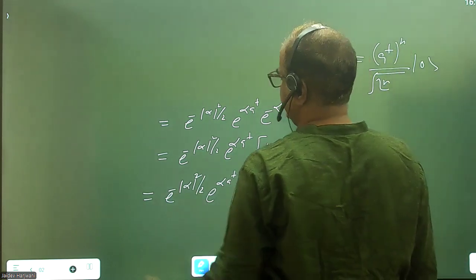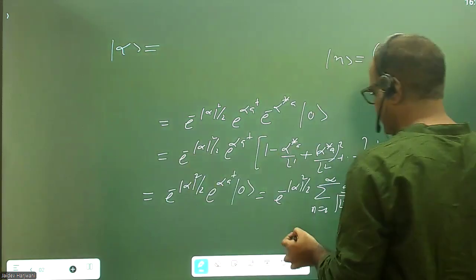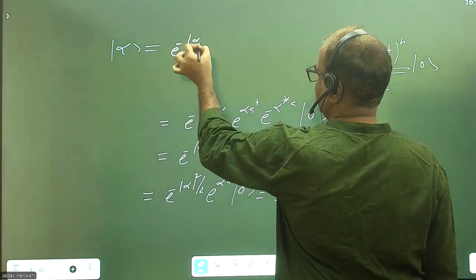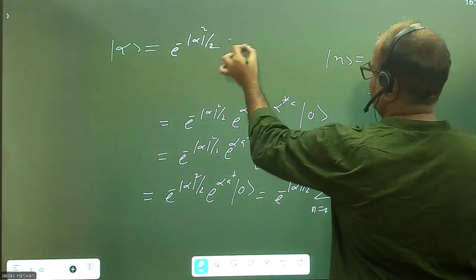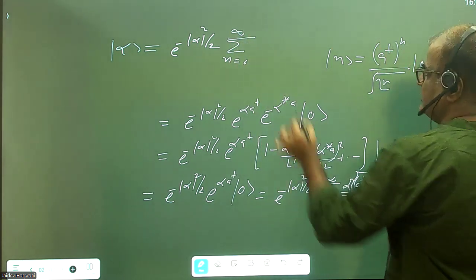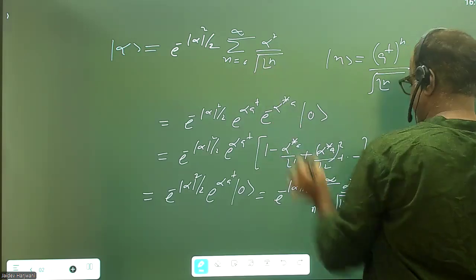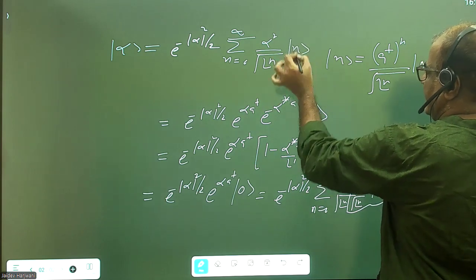So now I can write the coherent state alpha as e^(-|alpha|^2/2) times the summation n from 0 to infinity of alpha^n over under root factorial n, and then you have the state n.